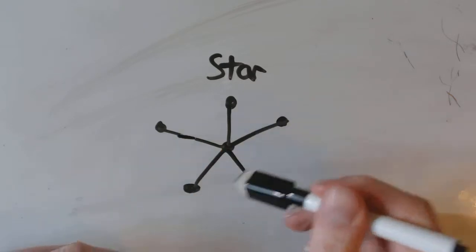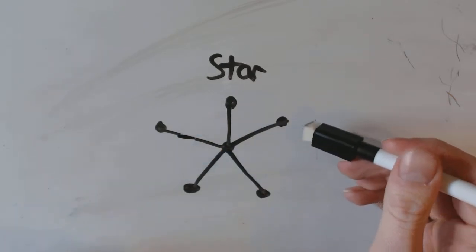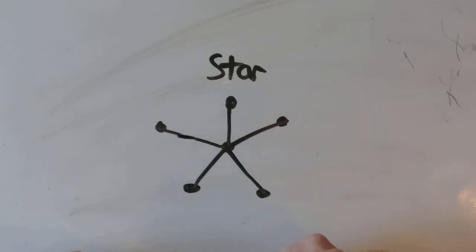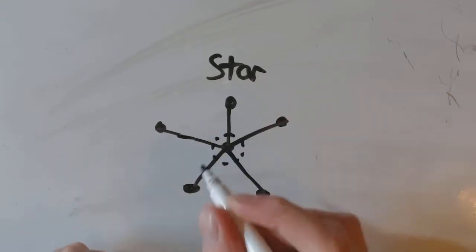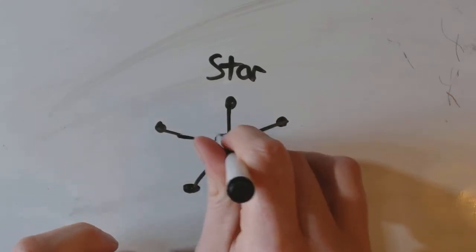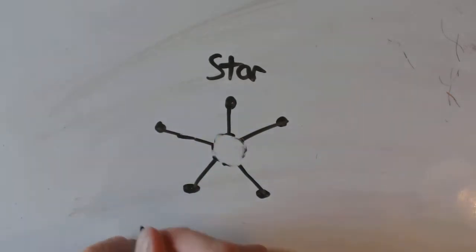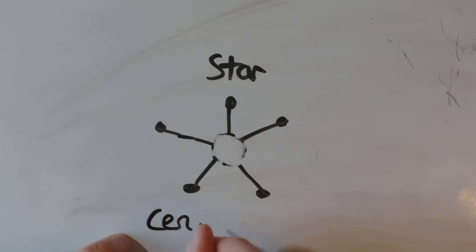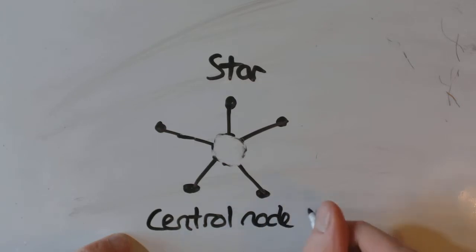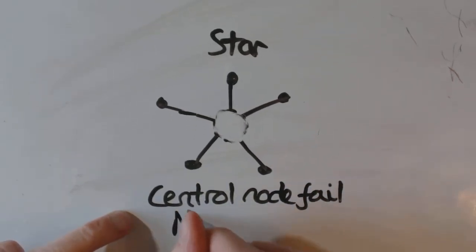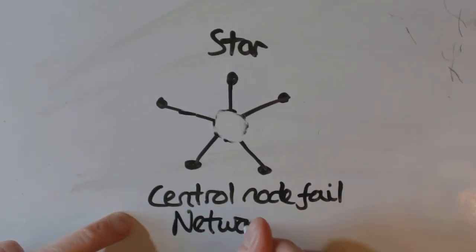Any channel that fails just isolates the node connected to it. The downside is if the central node fails, the network fails. So that's a star network.